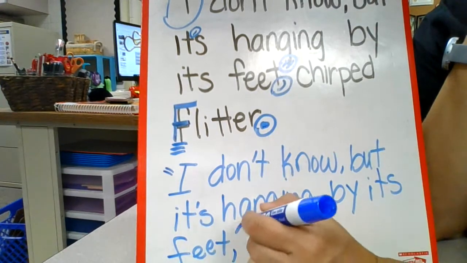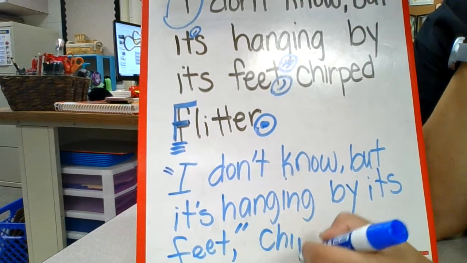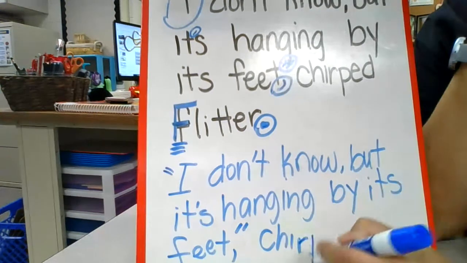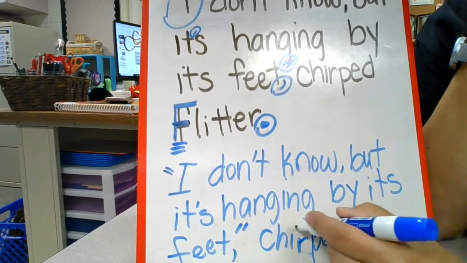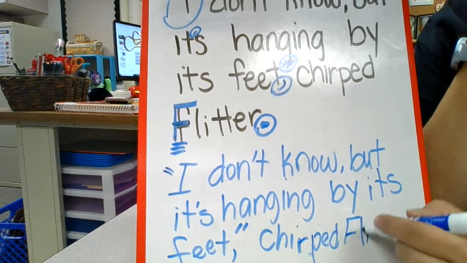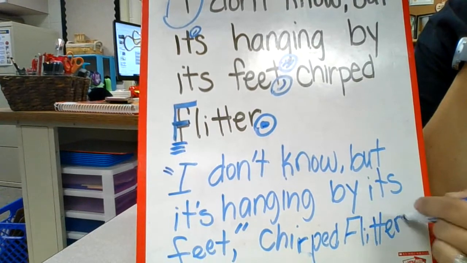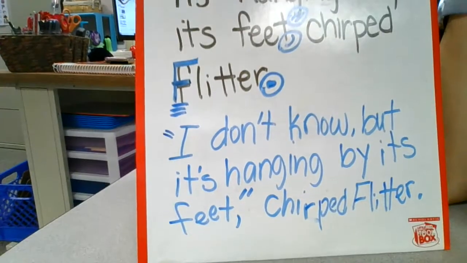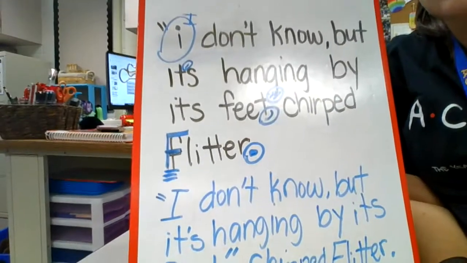Everything looks the right way, because that way you get all your points if you make sure that everything looks like it's supposed to when you rewrite the sentence. So always make sure that your rewrite is fixing those errors.